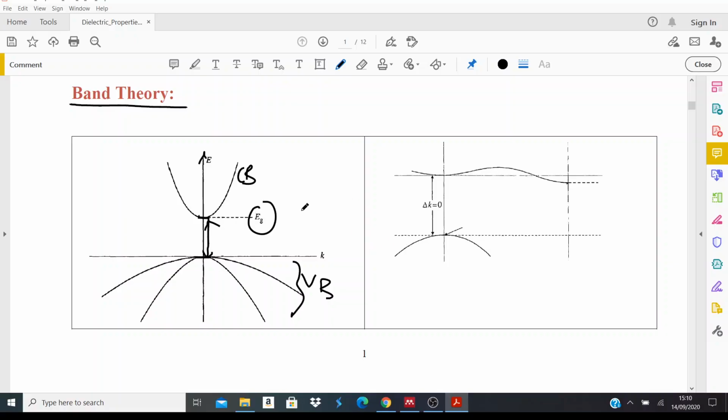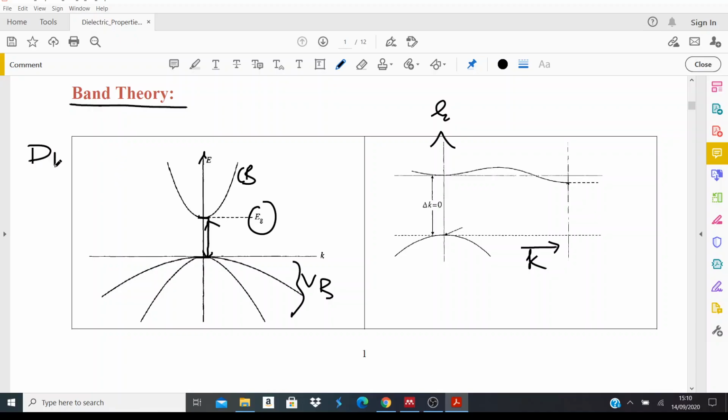And I am showing these 2 pictures just to make a distinction that sometimes, for materials, the conduction band minima and the valence band maxima, you can see in this picture, are aligned at the same k value, right? But it can happen that for some materials, the conduction band minima and the valence band maxima are at different k points. So we are plotting k on this axis and energy on this axis. So usually these are indirect band gap materials and these are direct band gap materials.